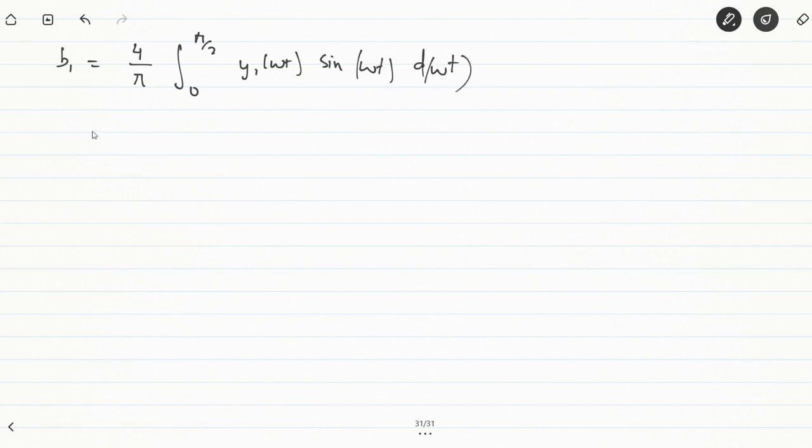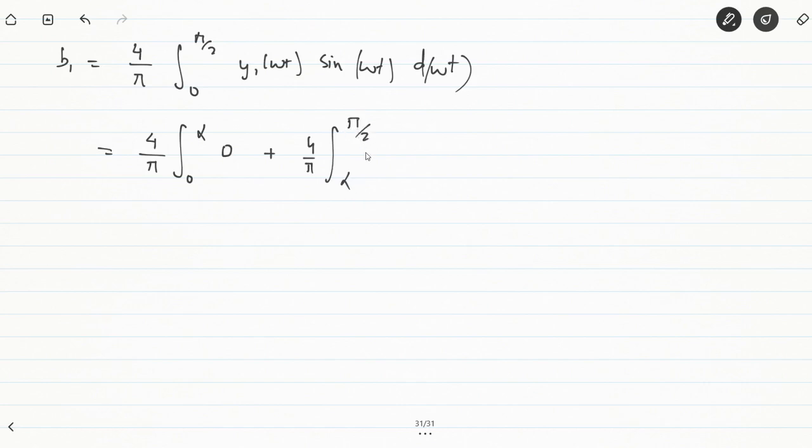Fine. Which is equal to 4 by pi, integral from 0 to alpha, this value will be equal to 0, plus 4 by pi, integral from alpha to pi by 2.